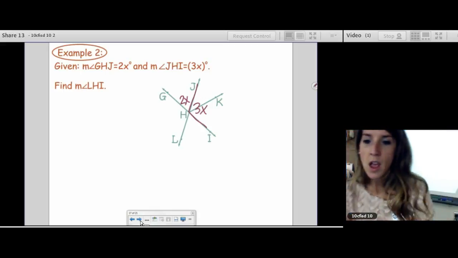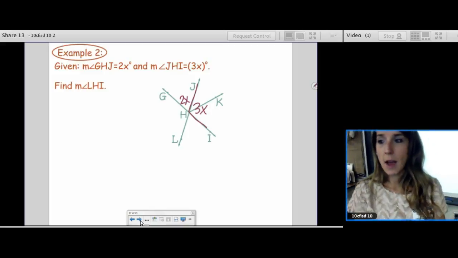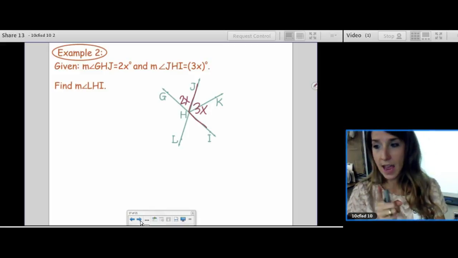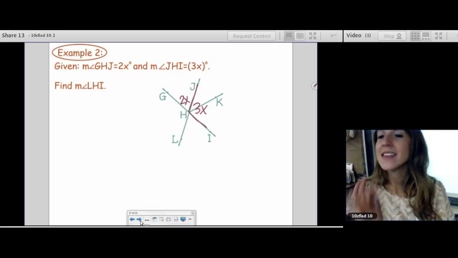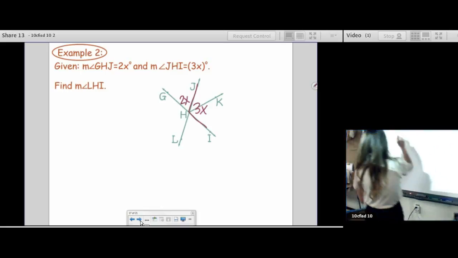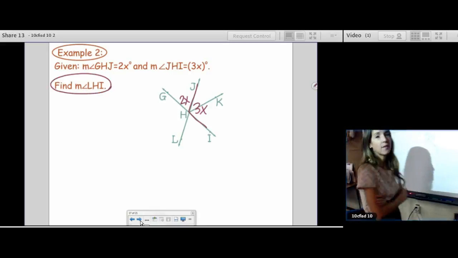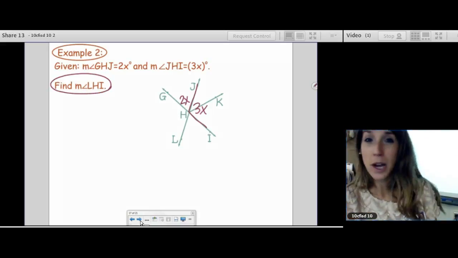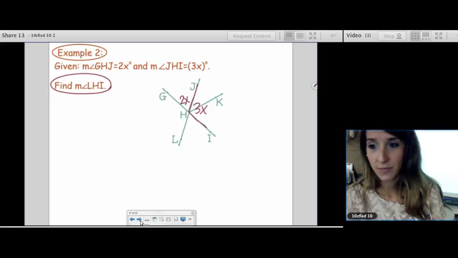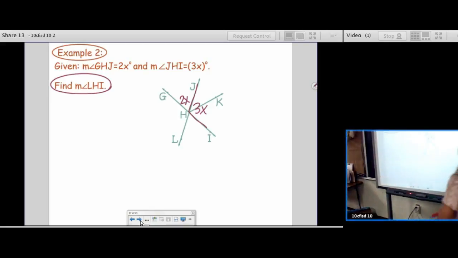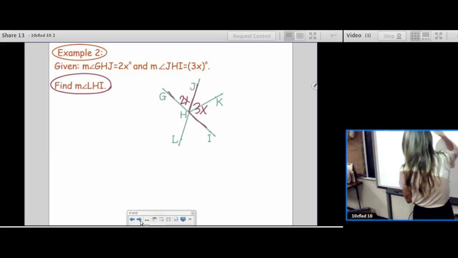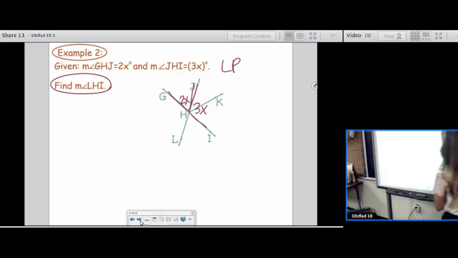When you're given a problem like this, I want you to first identify the angles, then solve for x, and then when you've done all of that, you're allowed to find the angle you're trying to find. Don't try to find LHI yet. And don't say it's 2x yet. So identify yourself. What angles do we have? It looks like we have a linear pair again, right? So we're going to add these to equal 180.